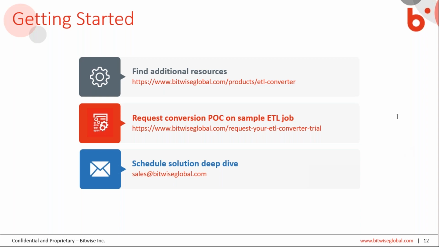So let's start with this question. It looks like it's a two-part question on what happens after the ETL is converted. The first part of that question is regarding the data. What mechanism is used to pull data from an on-premise database to Azure cloud? All right.